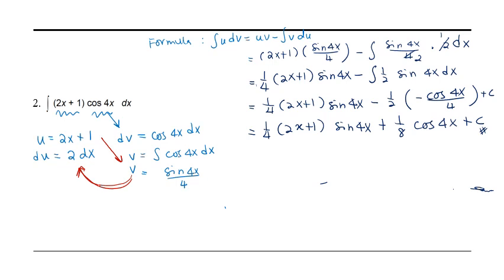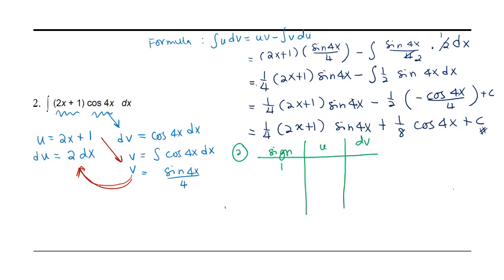The second method is to use a table. So how do we use the table? Okay, I use a table. So this is the table. Okay, we have sin. So the u and the dv.